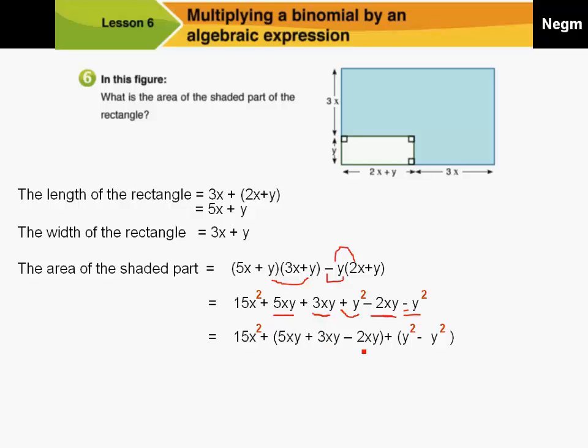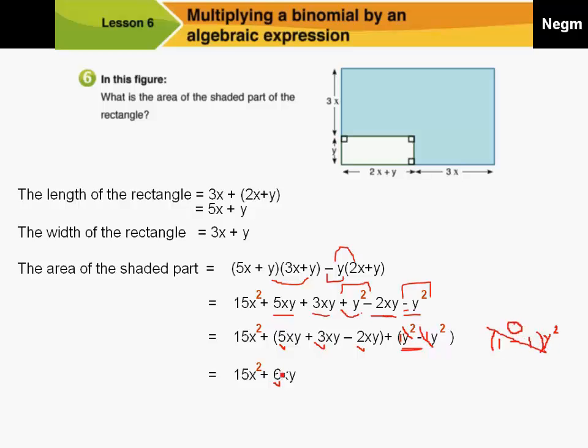Here is minus 2xy, plus we have y squared and minus y squared. 5 plus 3 is 8 minus 2 is 6. 6xy, and here you have y squared minus y squared is 0. Why? Because if you take y squared outside the two brackets, what is inside the brackets? 1 minus 1. 1 minus 1 is 0. 0 times y squared is 0.